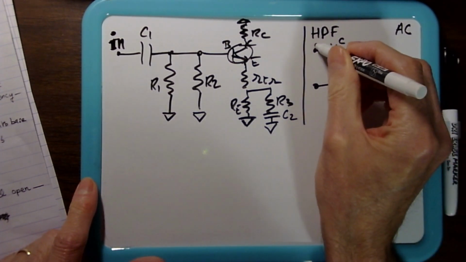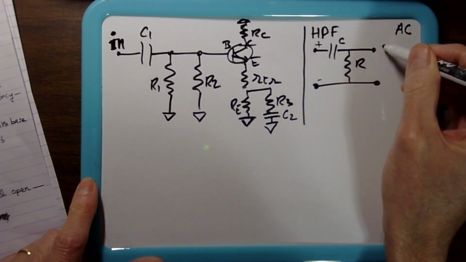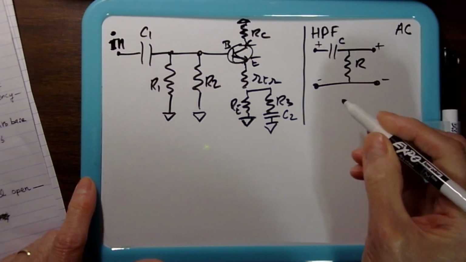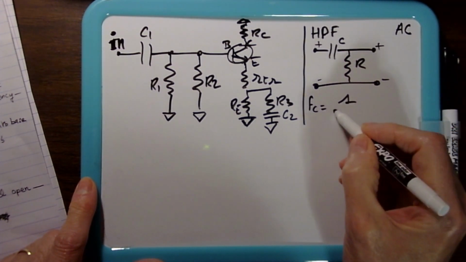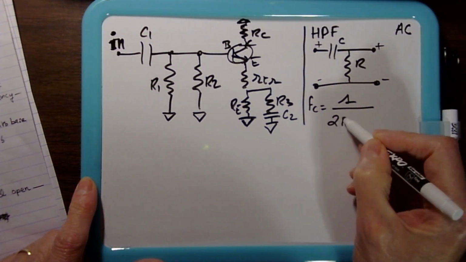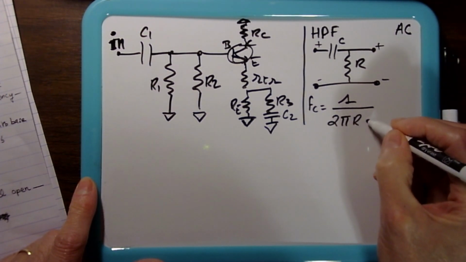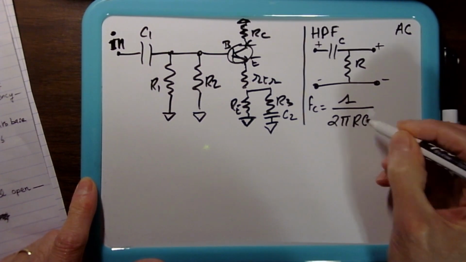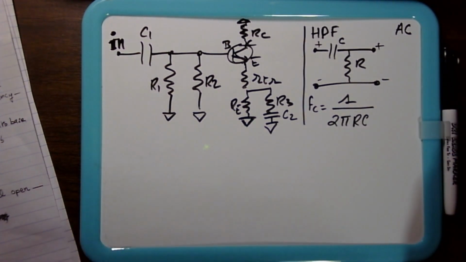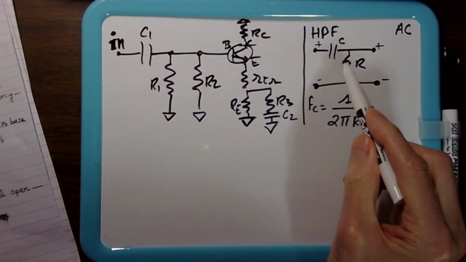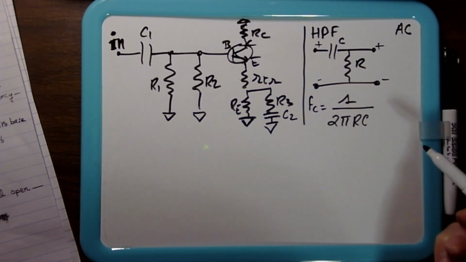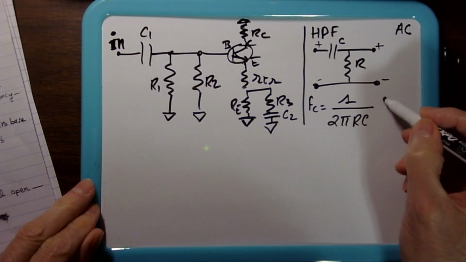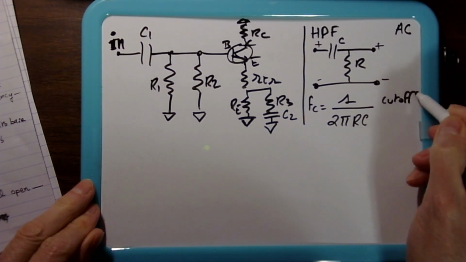Plus, minus. So the cutoff frequency, Fc, is equal to 1 over 2 pi R C. This high-pass filter lets frequencies higher than this go through, basically. This is called the cutoff, or the corner.